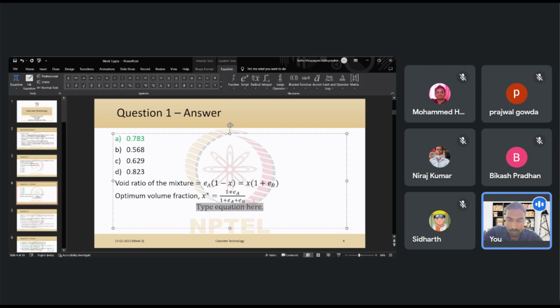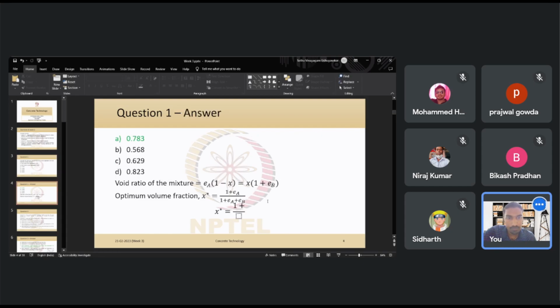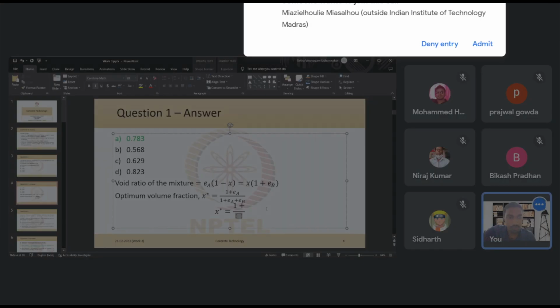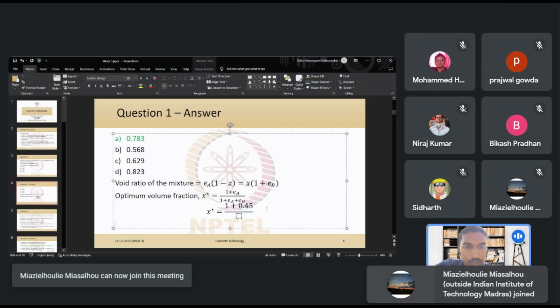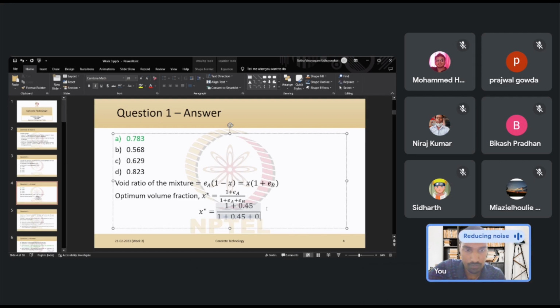For solving this, we just need the two void ratios which are provided to us. So 1 plus EA is 0.45, divided by 1 plus EA plus EB, 1 plus 0.45 plus 0.4, right?